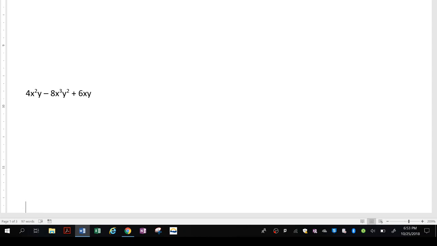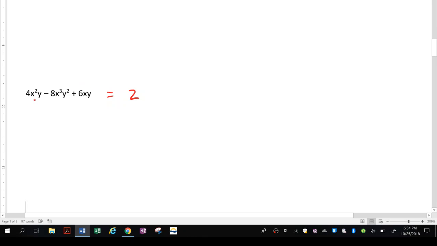In this last example here, we have 4x squared y minus 8x cubed y squared plus 6xy. So looking at all 3 terms here, starting with the coefficient, 2 is the greatest common factor between all 3 of these coefficients. So we know that 2 goes into all 3 terms.